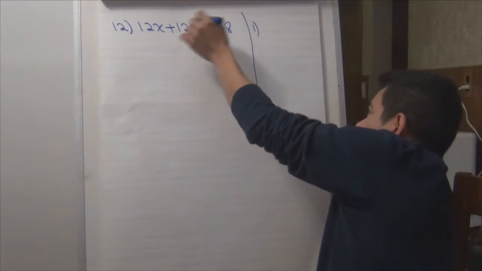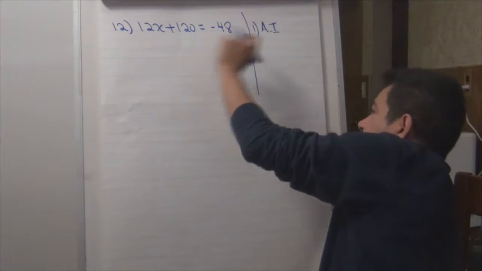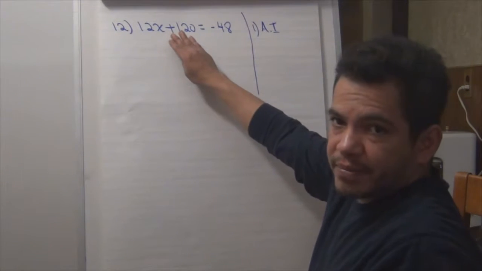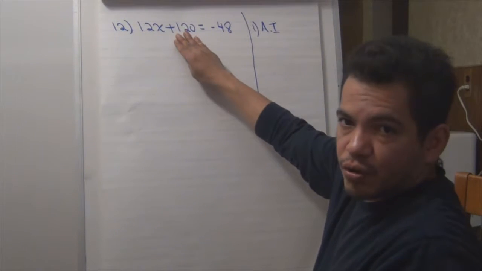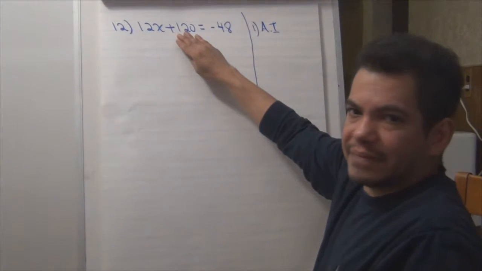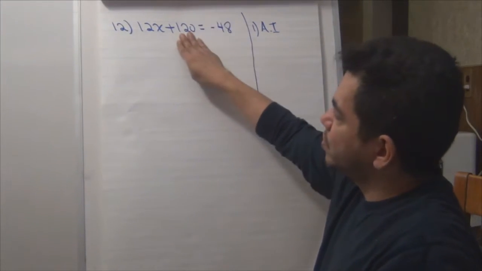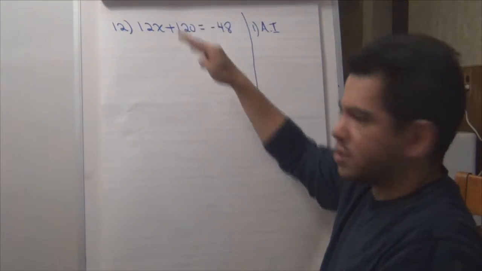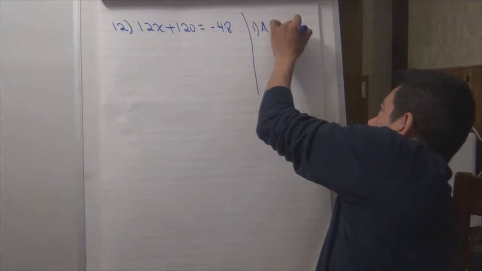First, we're going to use the additive inverse. According to PEMDAS, multiplication goes first and addition goes last, so backwards, we're going to undo the addition first. So we're going to use the additive inverse of 120.